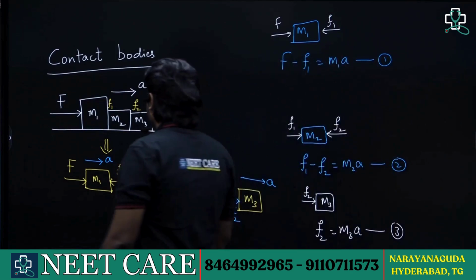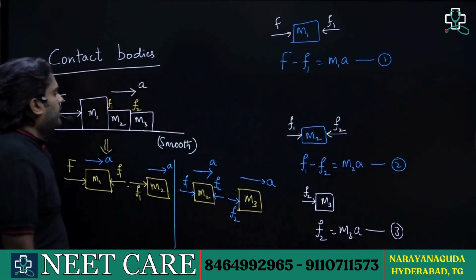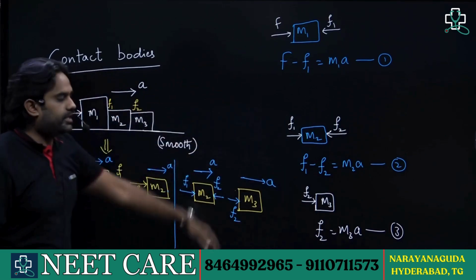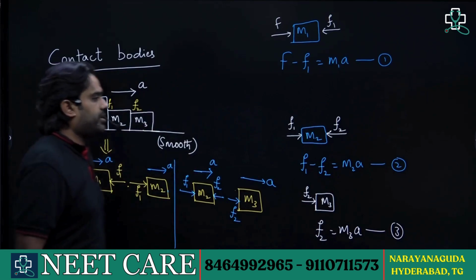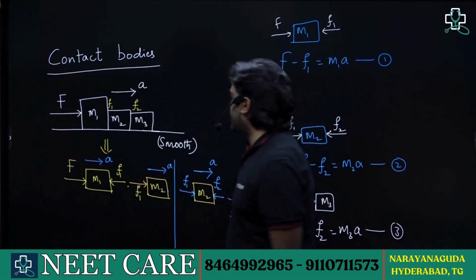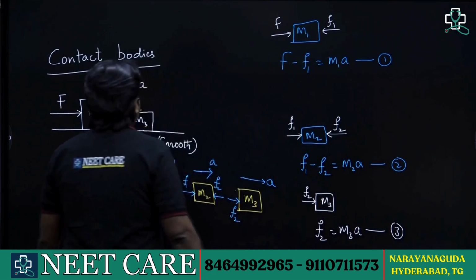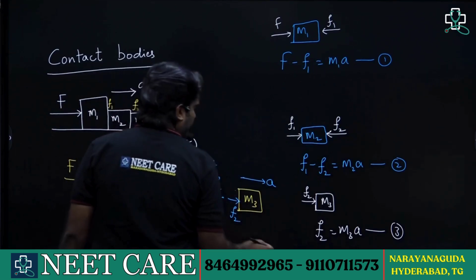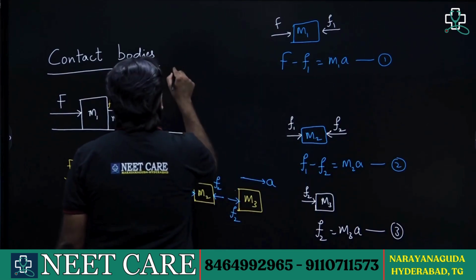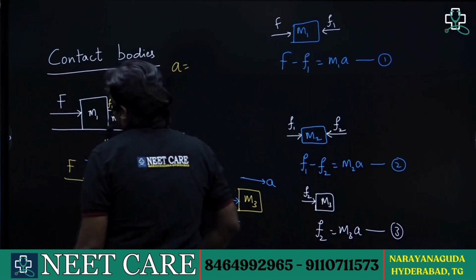So now see here. Before getting into calculating F1 and F2, usually in this case you will be asked to find F1 and F2. So before that, let us write the formula for acceleration.